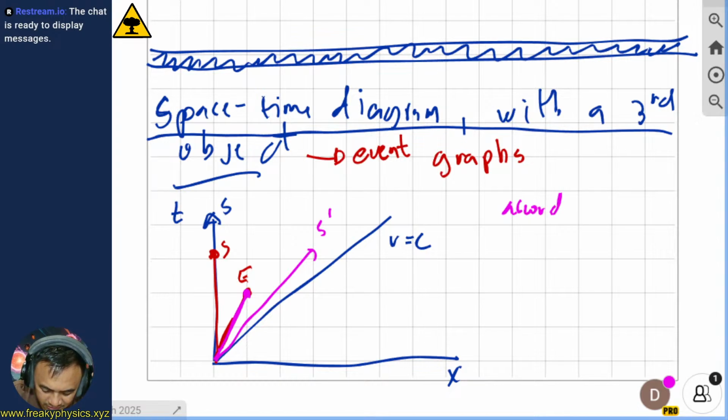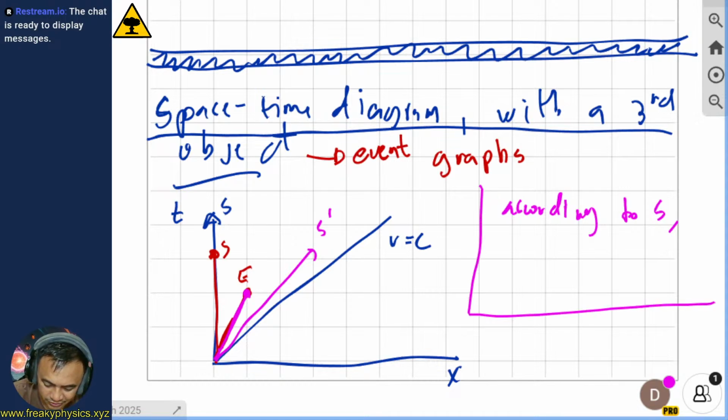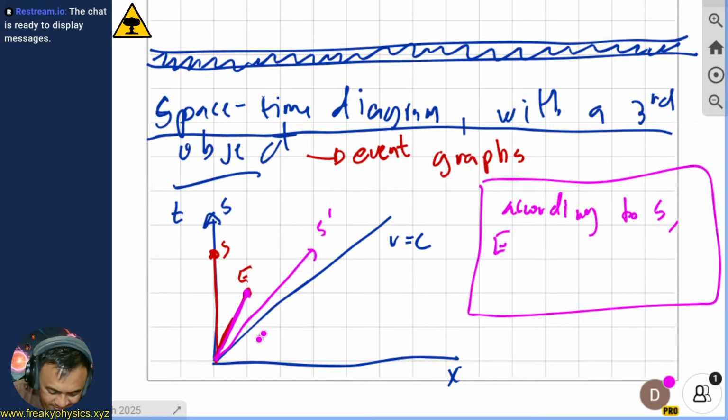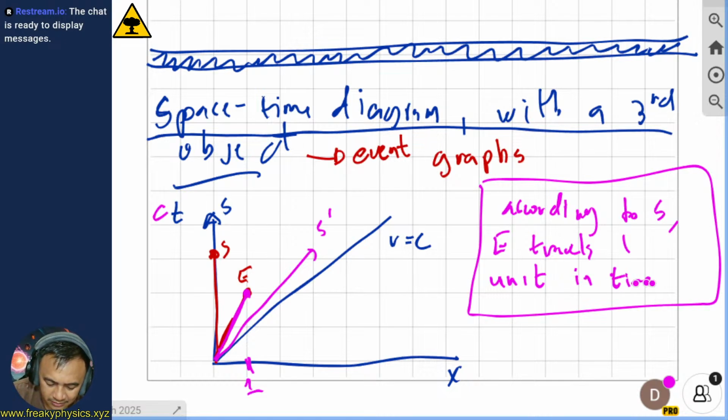According to S, let's just say it like this first. According to S, E travels, let's just say it as 1 here. E travels 1 unit in, sorry, that's CT, in time. That's just 2 CT, right? In time 2 CT according to S, right? So far clear, right? Yeah.